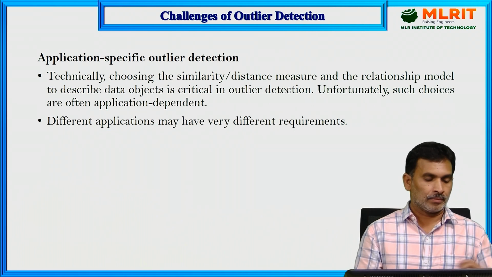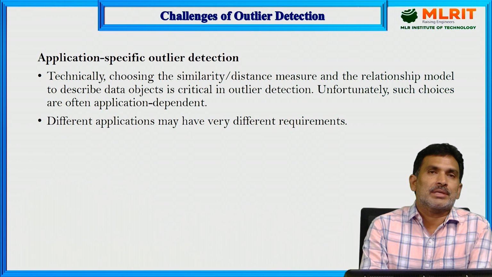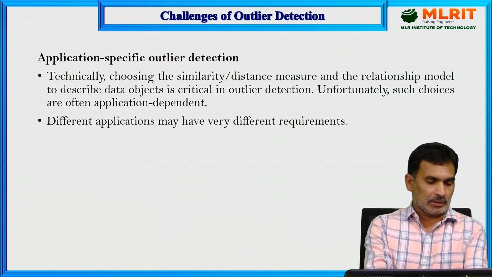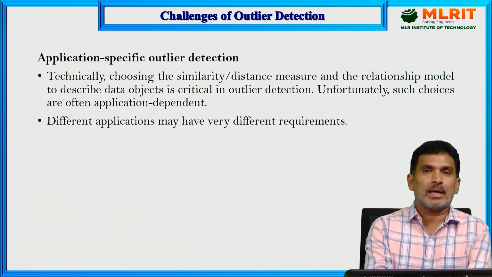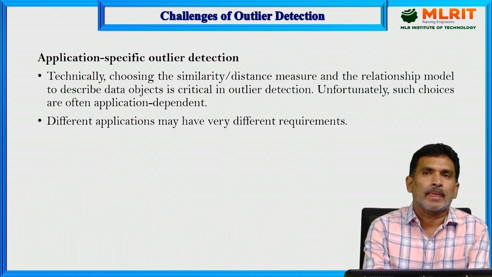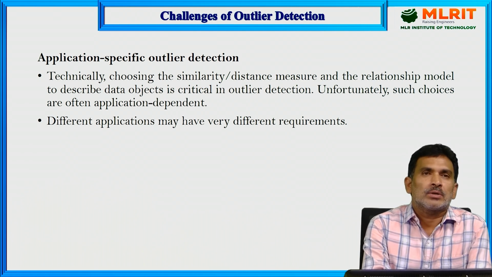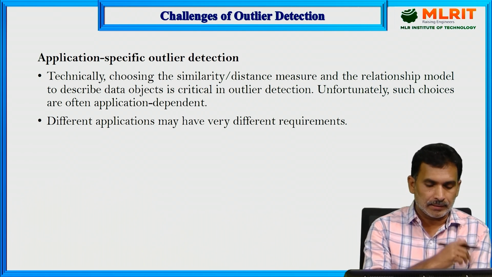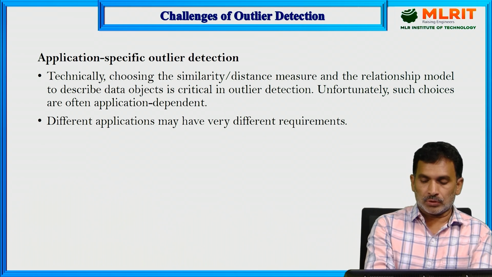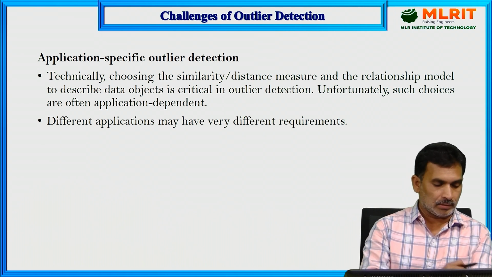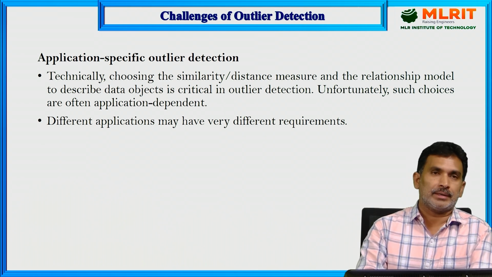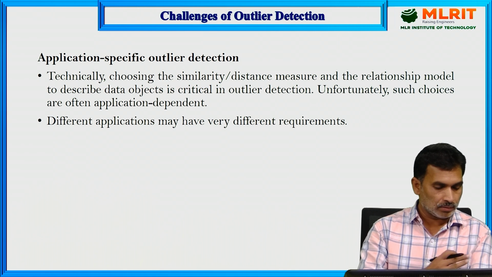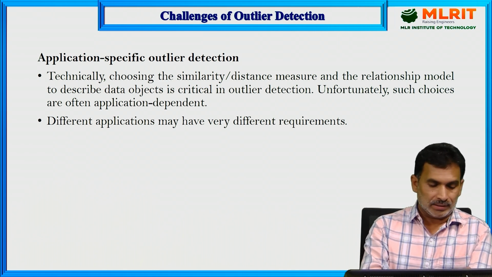Another challenge is application-specific outlier detection. Technically, choosing the similarity or distance measures and the relationship model to describe data objects is critical in outlier detection. Unfortunately, such choices are often application dependent. So we cannot use the same methods for each application.